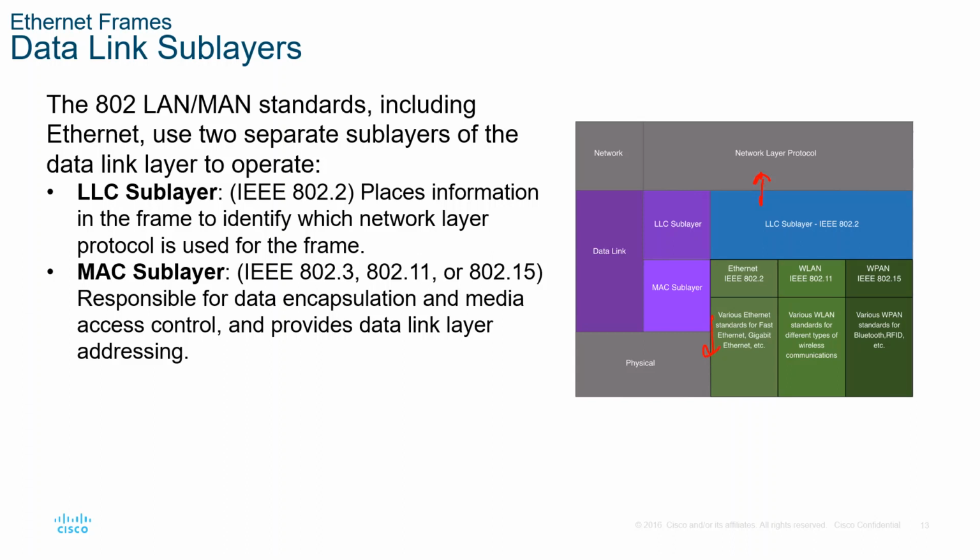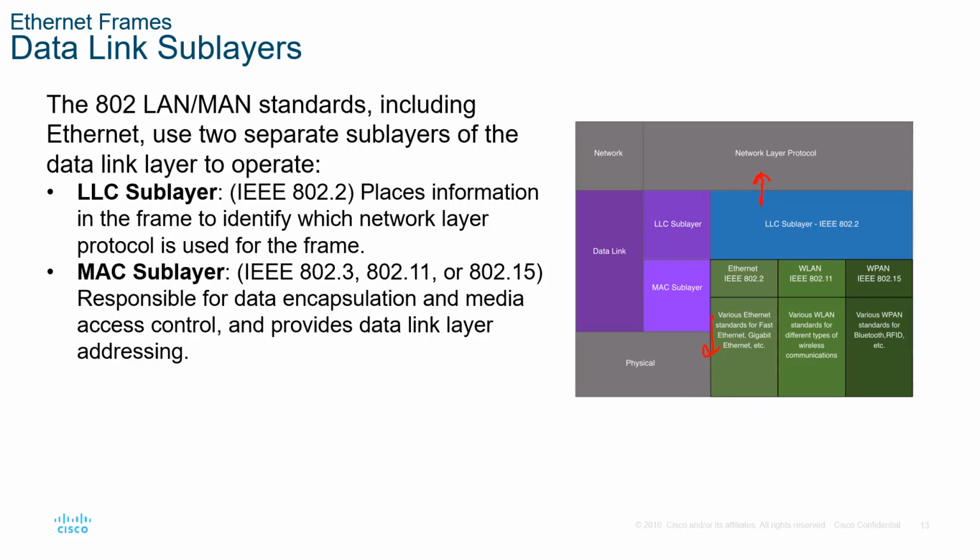Basically, the LLC sublayer will place information from the upper layer in the frame to identify which network layer protocol is used for the frame. This information will allow multiple layer 3 protocols such as IPv4 and IPv6 to use the same network interface and the same transmission medium.